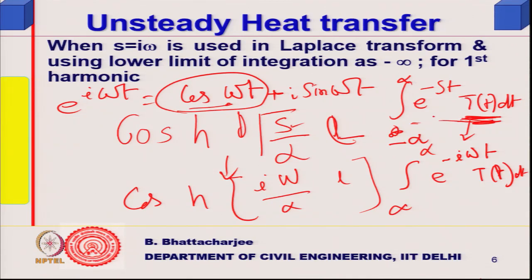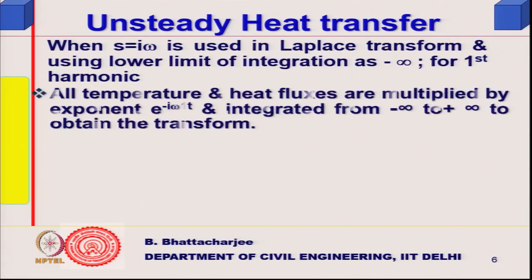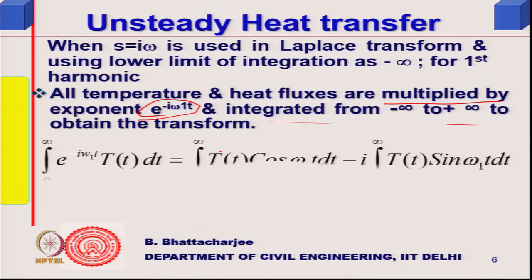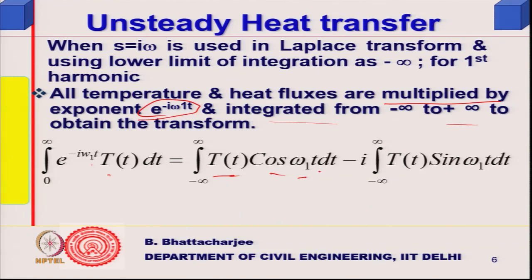In other words, you will see this: all temperature and heat fluxes, then I will have a term multiplied by e to the power i omega t, integrated to obtain the transform. So, you will have something like this, e to the power i omega 1, the first harmonic, T times cos omega t dt, because I have multiplied by this, and sin omega t dt.